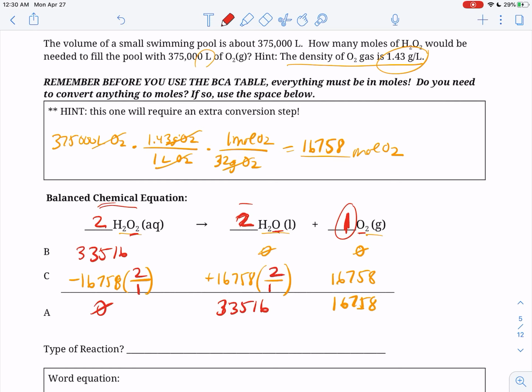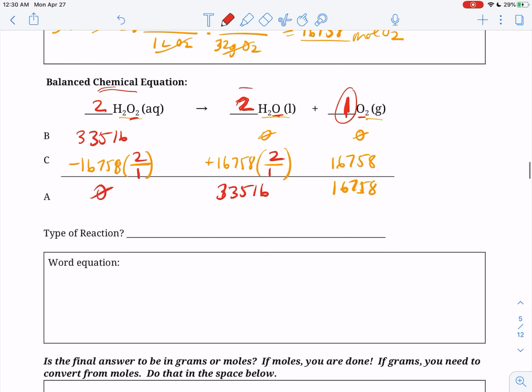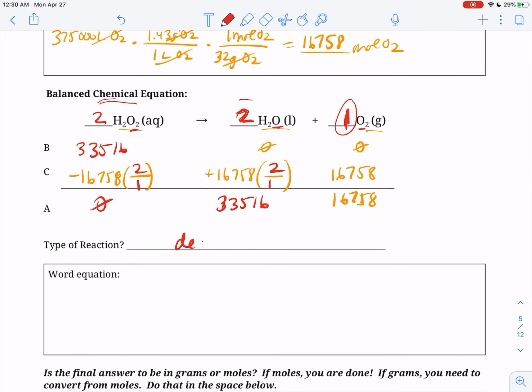Okay. All right. Okay, type of reaction. I guess we'll call this one a decomposition. That's splitting apart into smaller parts. Okay, my word equation is going to be 33,516 moles of H2O2. You probably won't know this one, but if you see in the video, I think it's hydrogen peroxide, okay?